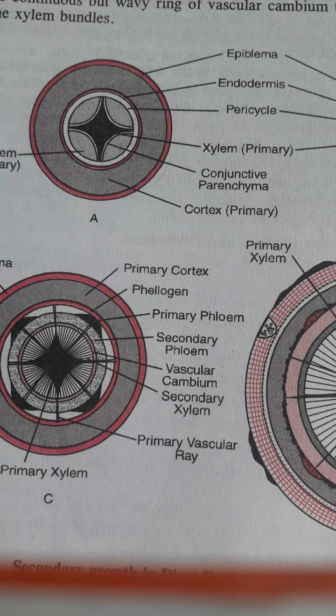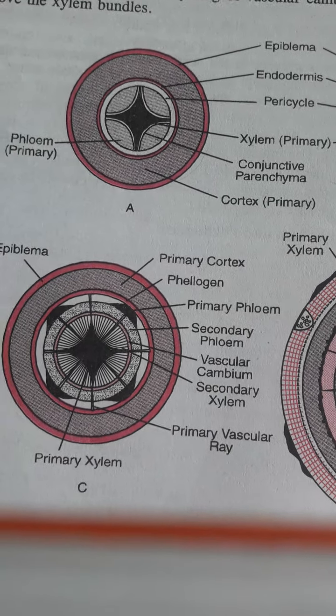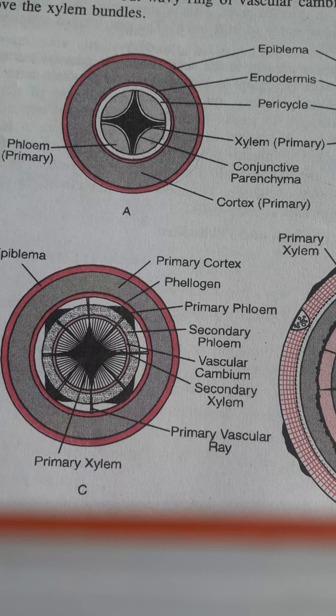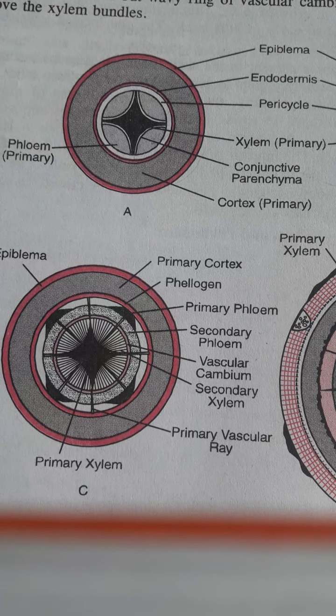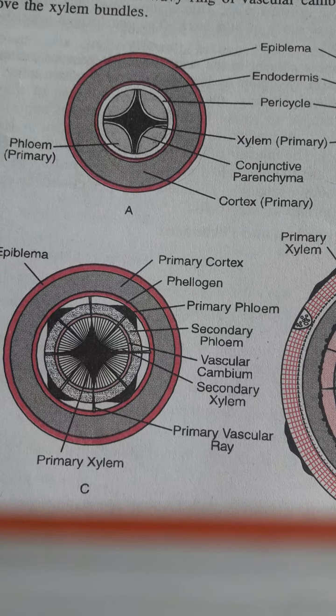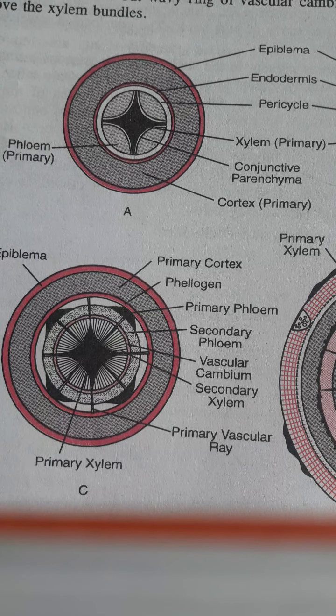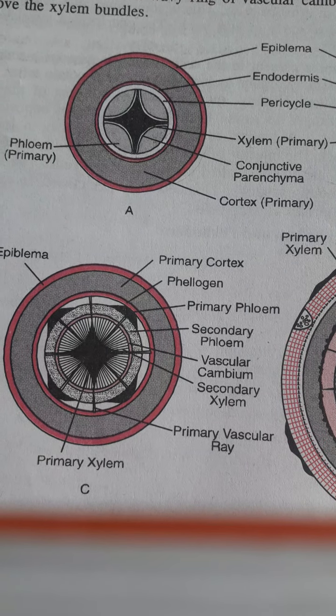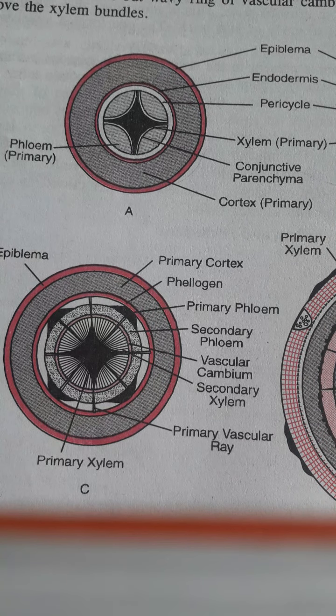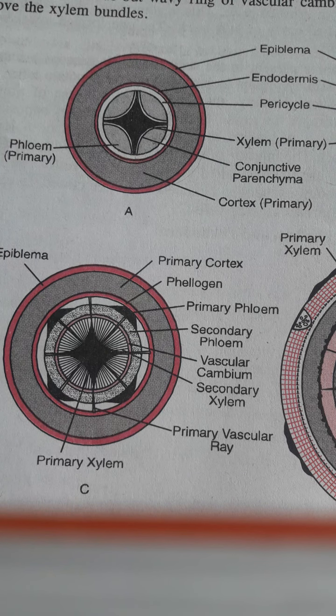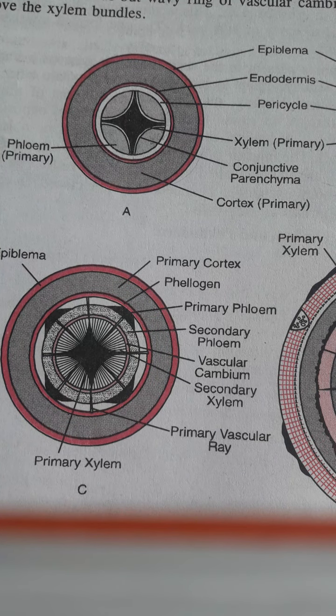Phellogen also divides in bipolar direction, that means both inner and outer side, and they divide to form some compactly arranged rectangular cells towards the outer portion, and when they are formed, these cells become suberized and get deposited with tannin, and when tannin is deposited and suberized, that means these cells become dead.